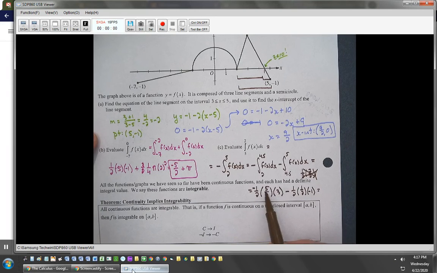Woe was me. So I get -15 over 4 plus 1/4. Which ends up being, what's that, -14 over 4? Which ends up being -7/2.